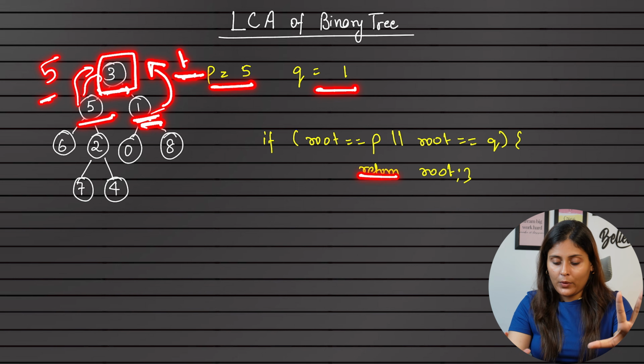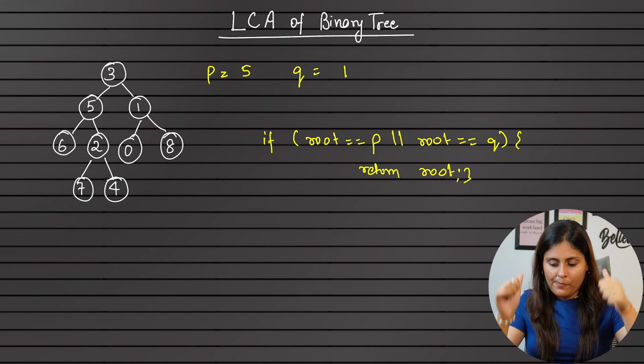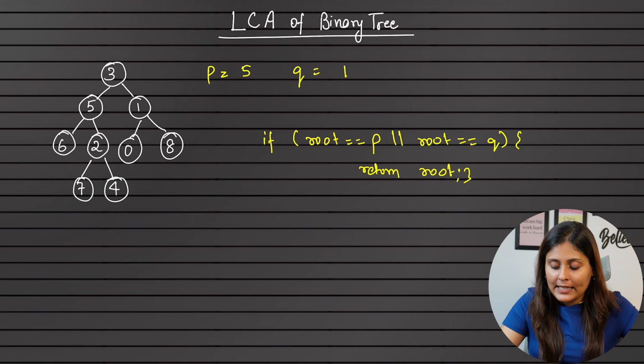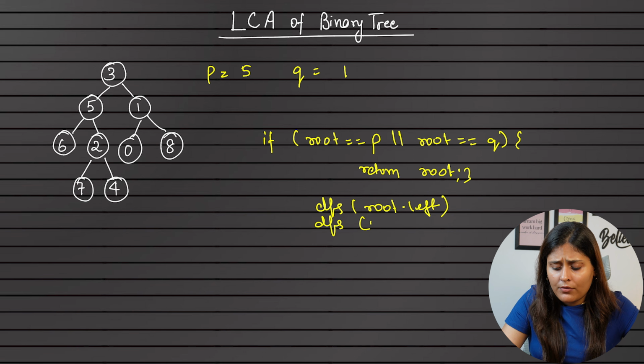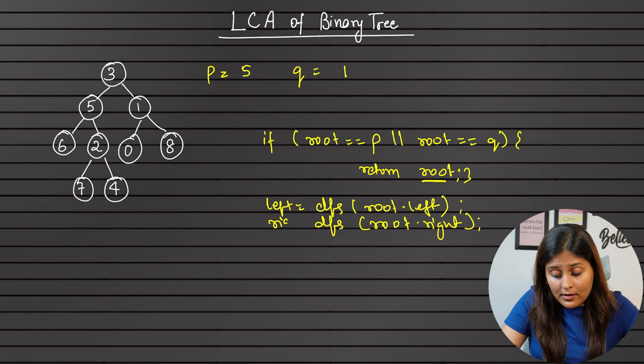Okay? That's what we understood. So basically, after this we will call the same function for the left side and the same function for the right side. That's what we understood, so I'm writing. As there is some return statement, we have to store the results in left and right variables, so I'm storing it.